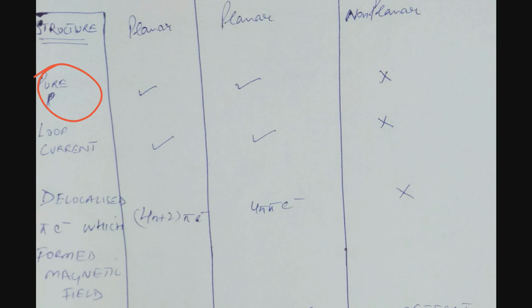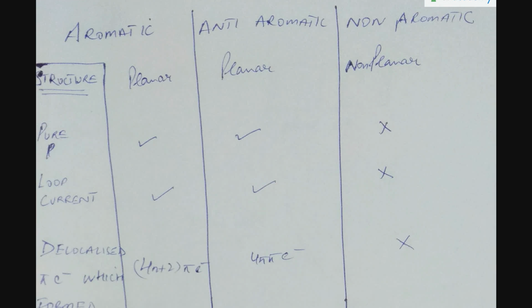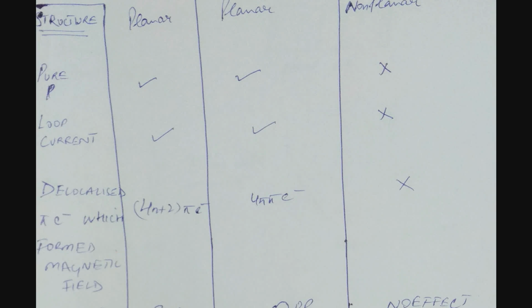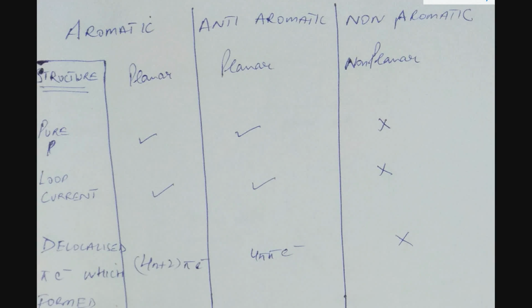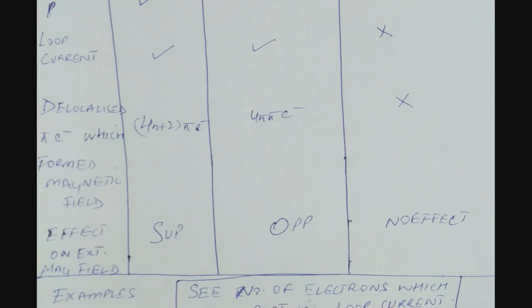So there must be pure p orbitals present in aromatic compounds. In anti-aromatic, because a loop current must be formed, there must be pure p orbitals. For non-aromatic, there is no need. Loop current must be formed in aromatic compounds, but in non-aromatic compounds loop current does not form.